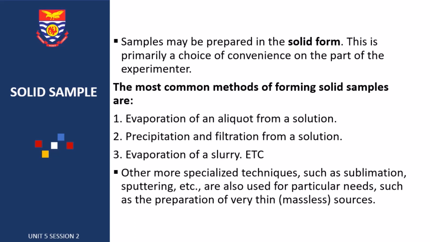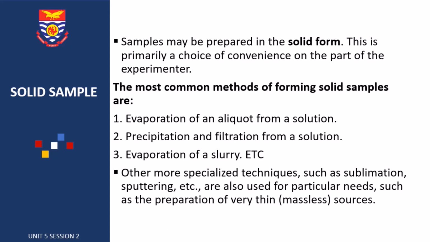We can also prepare the solid samples by precipitation and filtration from the solution. So we precipitate our sample of interest and then we filter it from the solution. Then we can also get our solid samples by evaporation of a slurry.